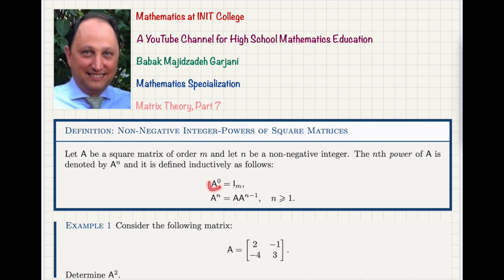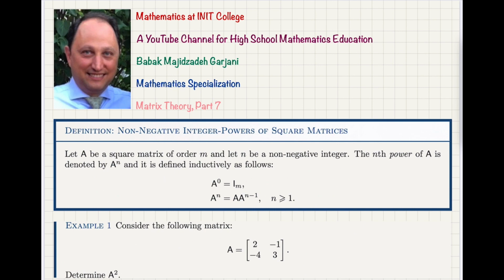A to the 0, by analogy with numbers, we define to be the identity matrix. If I have a number a, a to the 0 is defined to be 1. The identity was the identity element in matrix multiplication, so this I_m plays the role of 1 in numbers. So it's natural to define it that way.